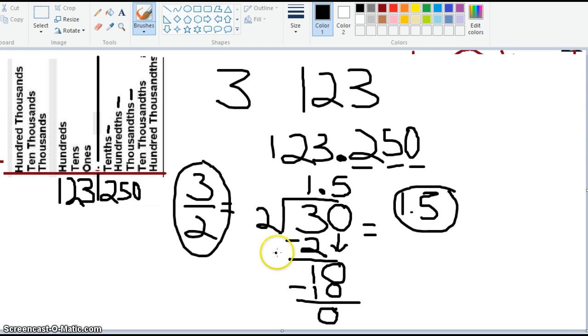And for most cases, I may ask you to go 2 to 3 places after the decimal point. But it is important for you to memorize your place value here in terms of your ones, tens, hundreds, thousands, etc., but also know the place value after the decimal point, which are your tenths, hundredths, thousandths, 10,000ths, and so forth.